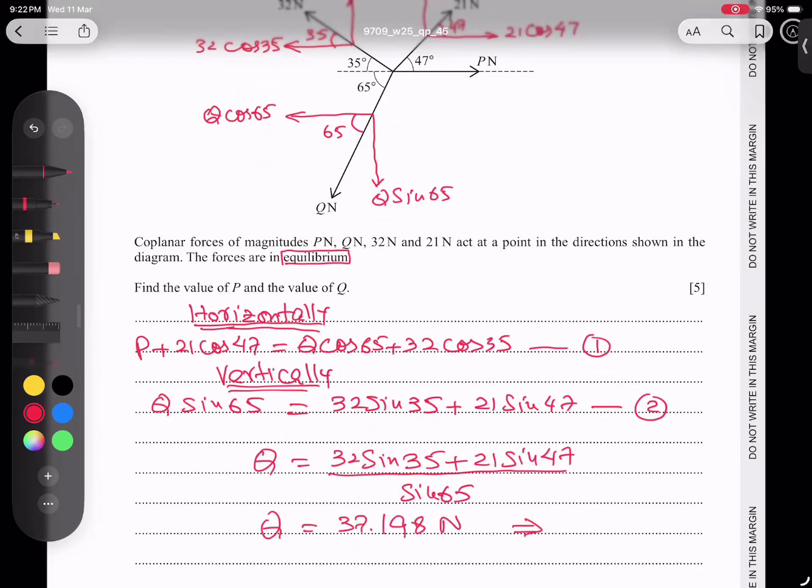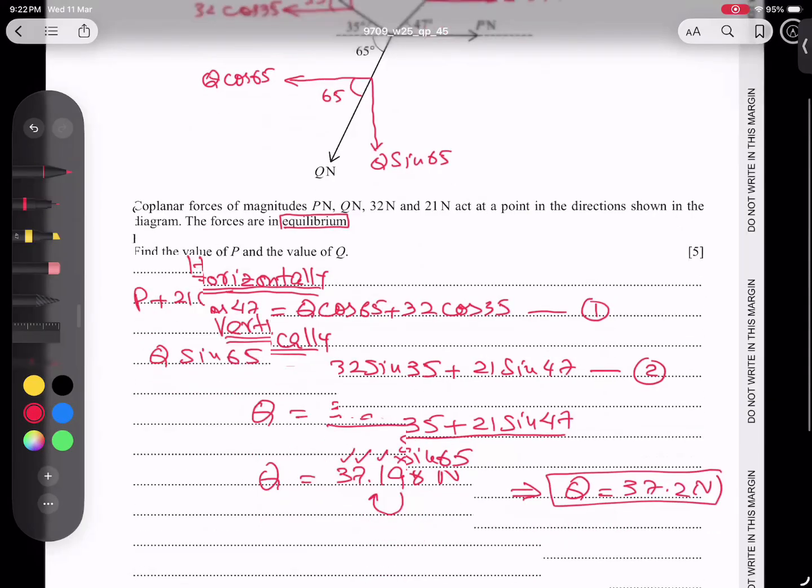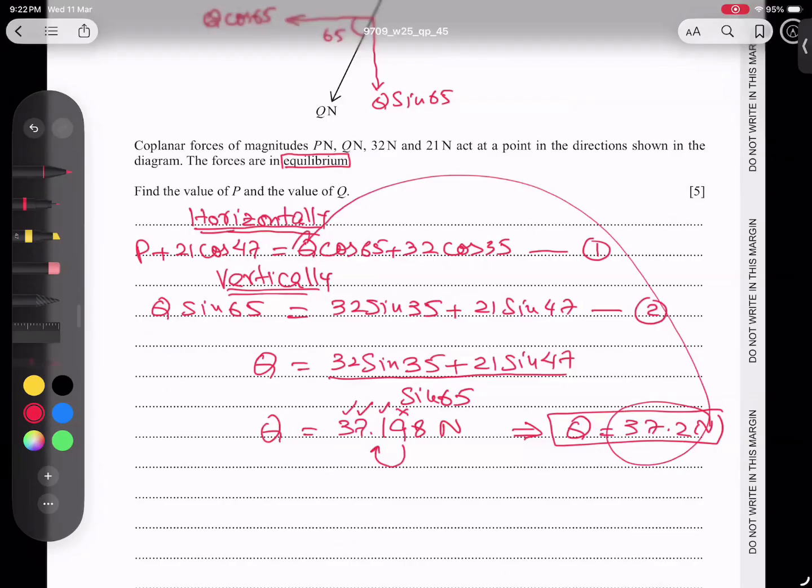After rounding, force Q is 37.2 newtons. This is my first answer. And this value I'm going to plug in here.